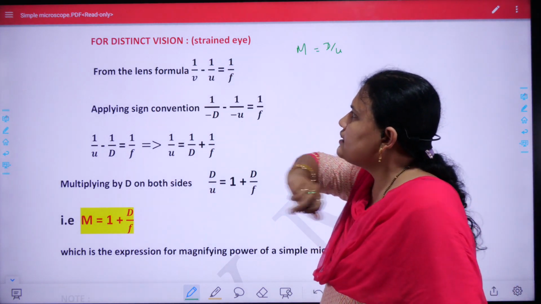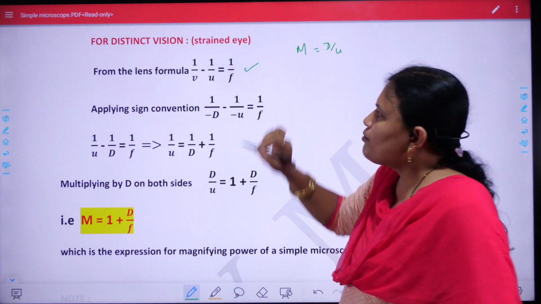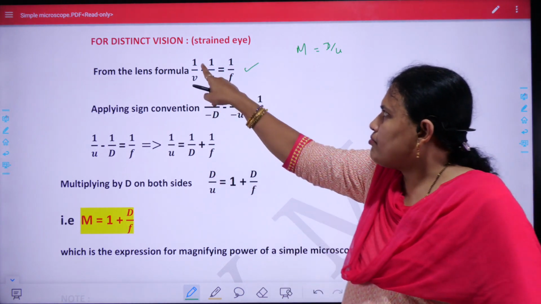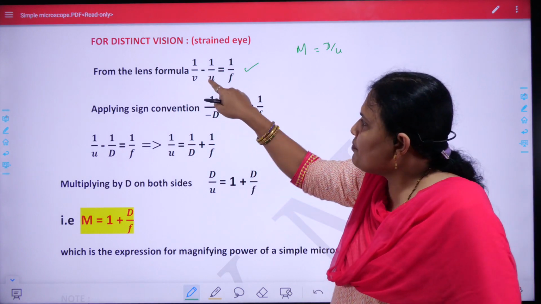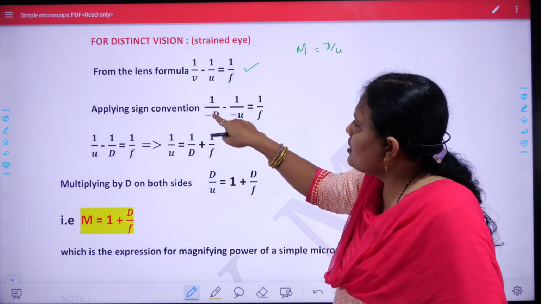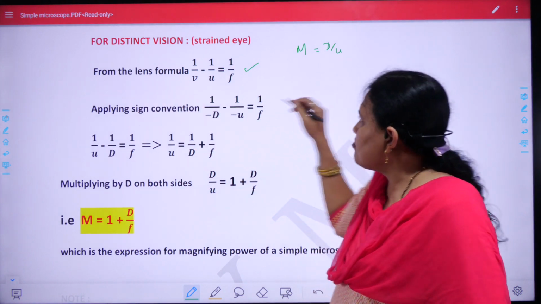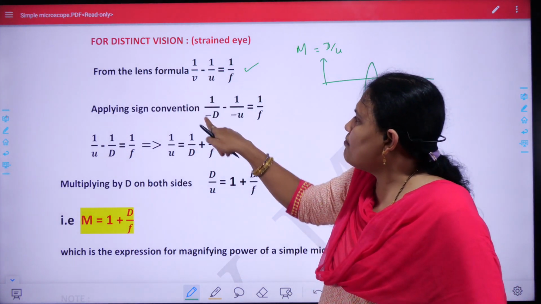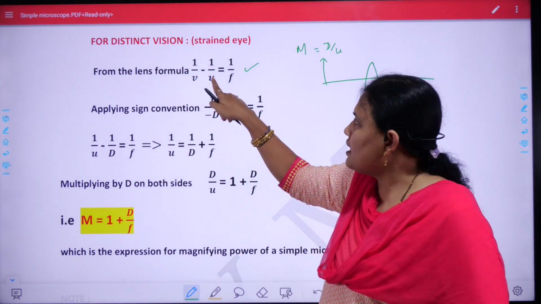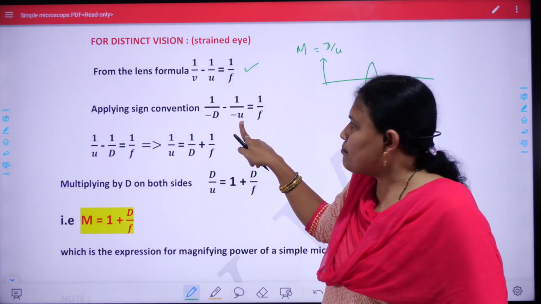So for the distinct vision, this is the lens formula. We already know 1 by v minus 1 by u is 1 by f. Applying the sign convention, v is to the left of the convex lens. On this side the image is there. So in place of v I have put minus d, and in place of u we have put minus u.